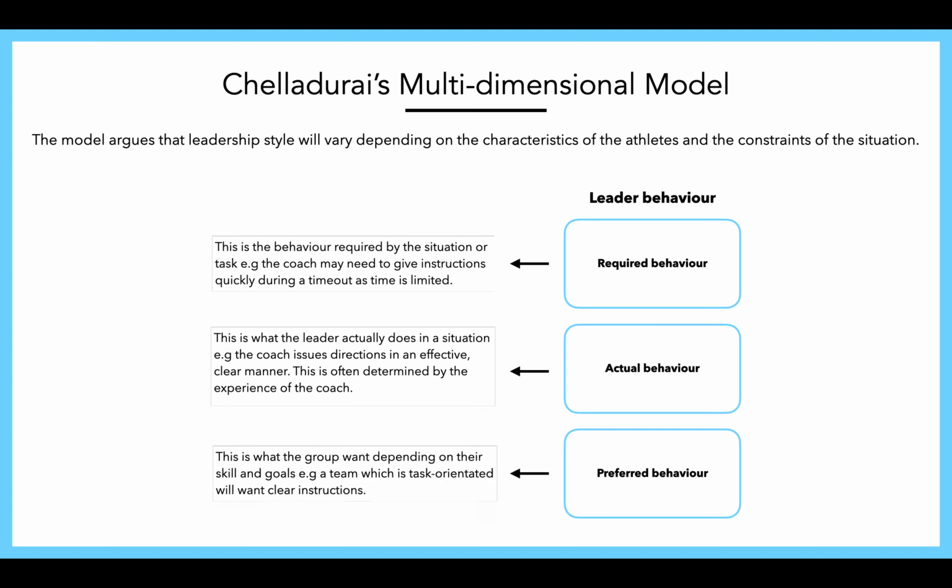And then preferred behavior, this is what the group want depending on the skills and goals. So a team which is task orientated will want clear instructions about the task in hand. A team which would be person orientated, okay, they want to get to know the coach. They're going to want that social support during the activity.